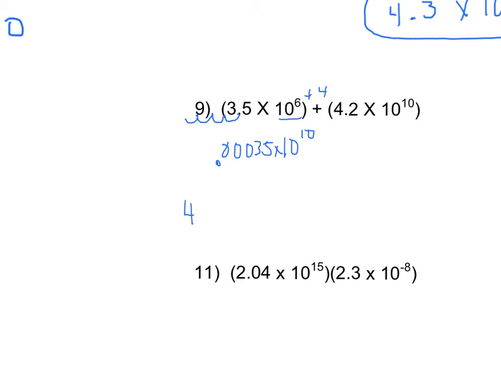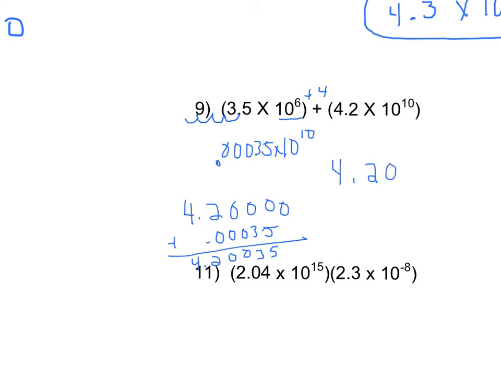So I'm going to do the decimal part off to the side, 4.2 plus 0.00035. I'm going to put my zeros in, and feel free again to use a calculator if you want. So I have 4.20035 times 10 to the, and we are going to keep the powers the same, 10th.